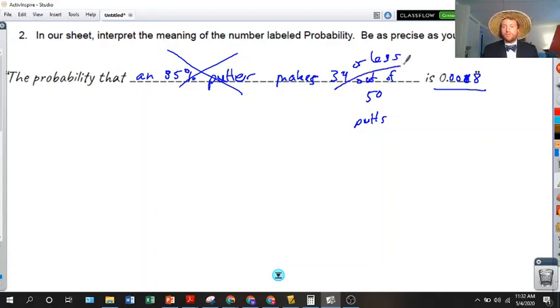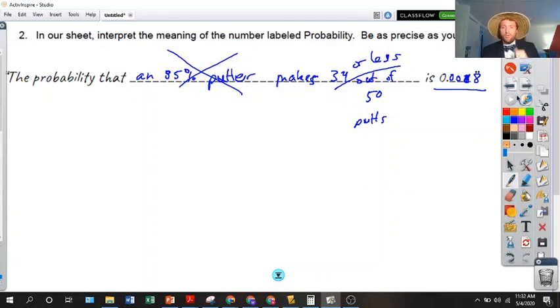We tried to go over that back in maybe December. You can never find the probability of an exact event. It's always to one side of it, and we wouldn't want to go greater, because of course an 85% putter is going to make more than 34 putts. You want to ask what's the probability of that happening, or something more extreme.